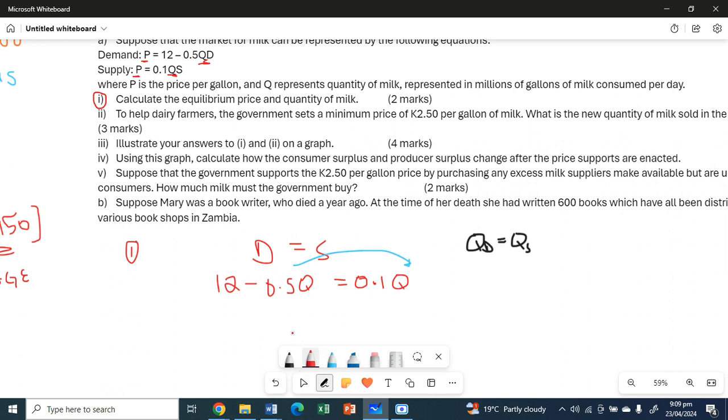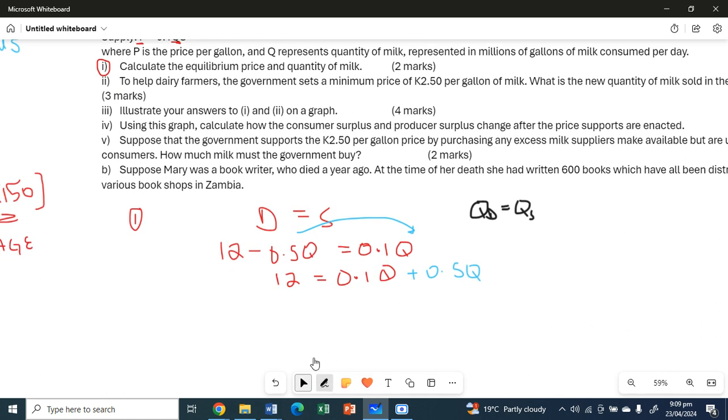So we remain with 12 equals 0.1 Q plus 0.5 Q. 0.1 plus 0.5 is 0.6 Q.